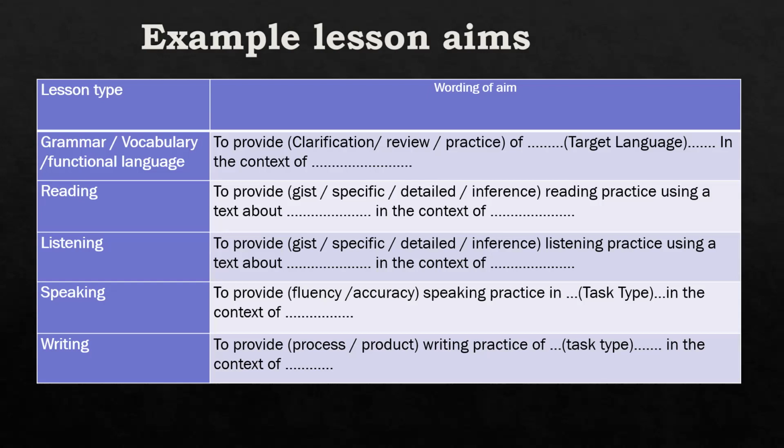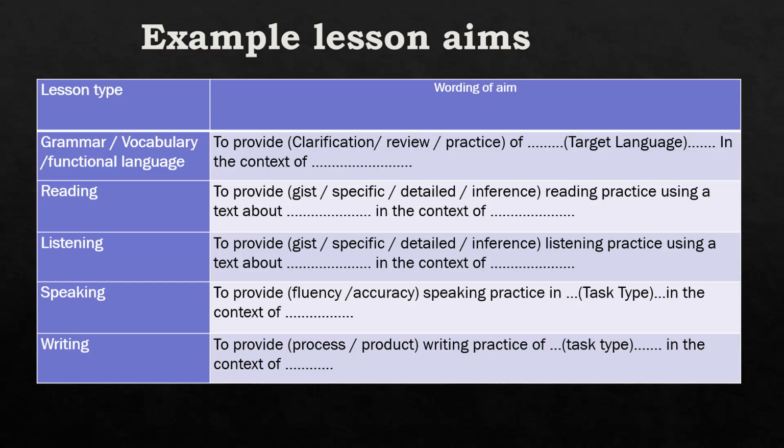Is it practice? Normally on Delta TPs, we provide 2 things, clarification and practice. So you will need to mention to provide clarification and practice of what you are teaching. For example, to provide clarification and practice of the present simple in the context of daily routines. This is just an example. And again, we'll look at how we put it in the lesson plan later on.